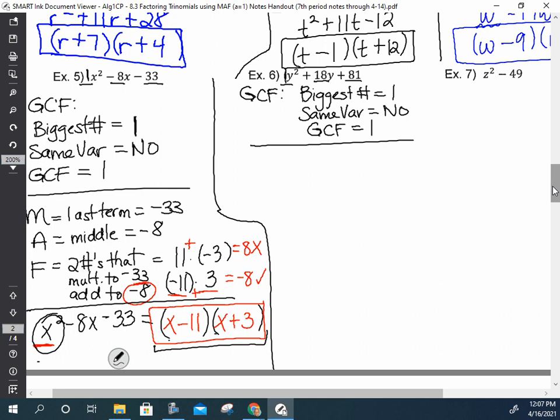So GCF is pretty simple to work with. So MAF time. M is the last number, 81. A is the middle number, 18. So we need two numbers that multiply to 81 and add to 18. 9 and 9.